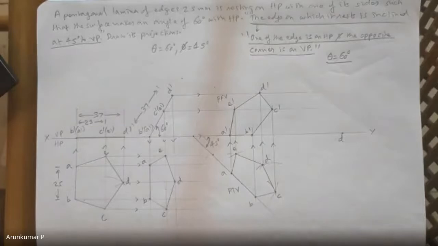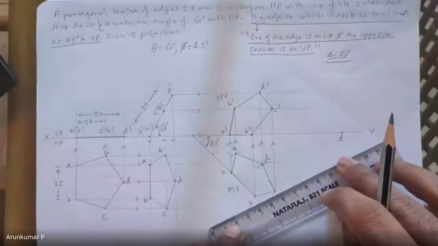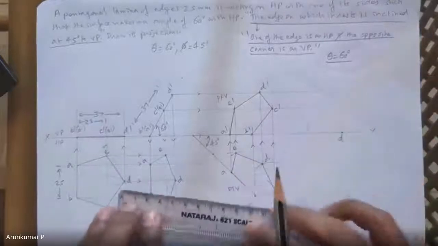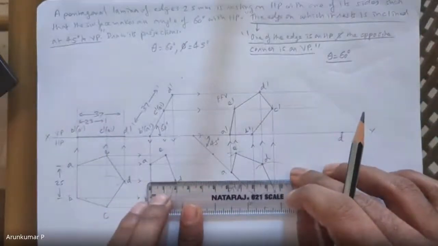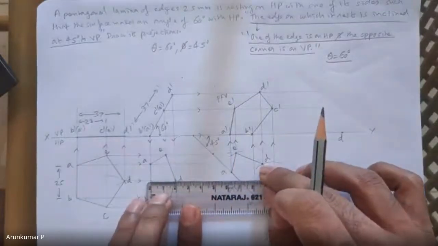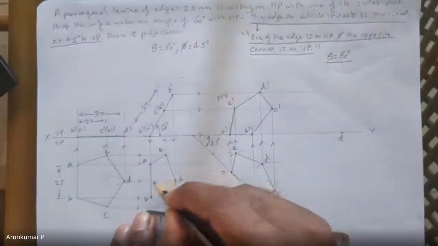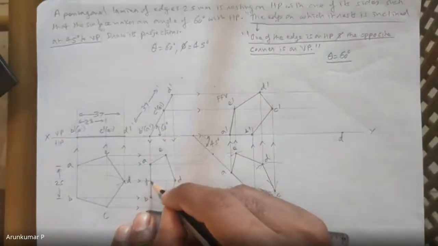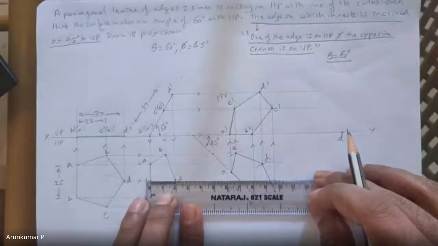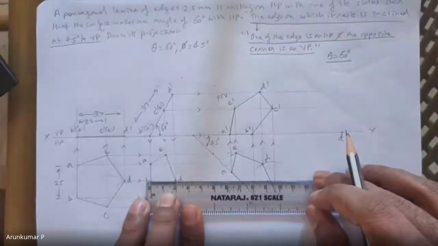Now there are different ways of locating. What you can do is measure this distance. You can say that this is A, B, C, D, E. You can call this as F. The midpoint of AB, you can call it as F. You can measure this distance D to F. It is coming around 20 mm.